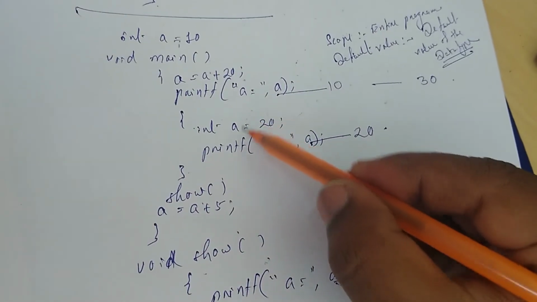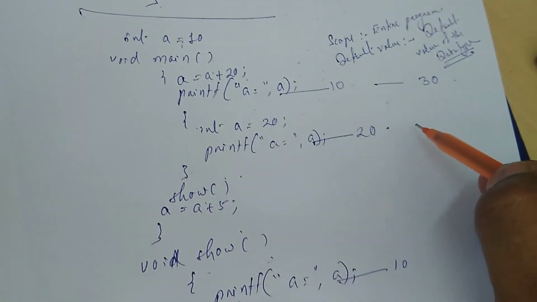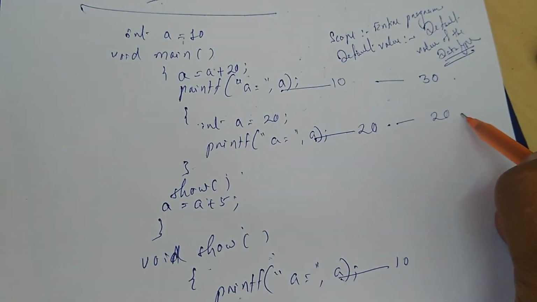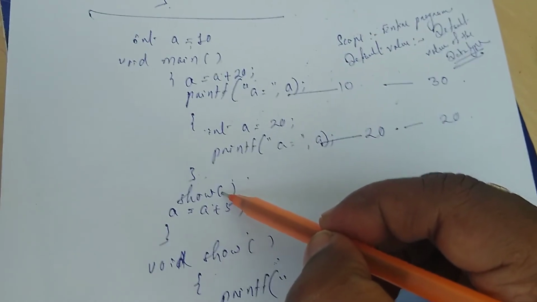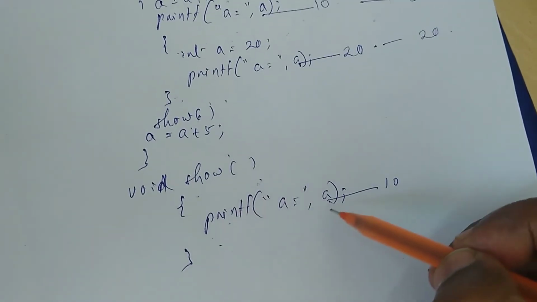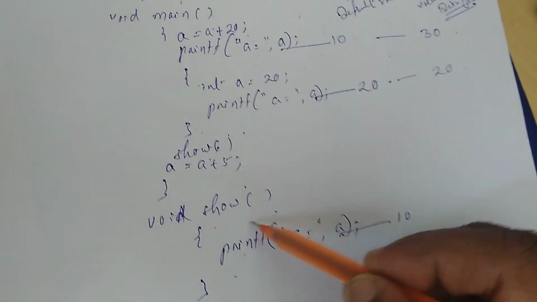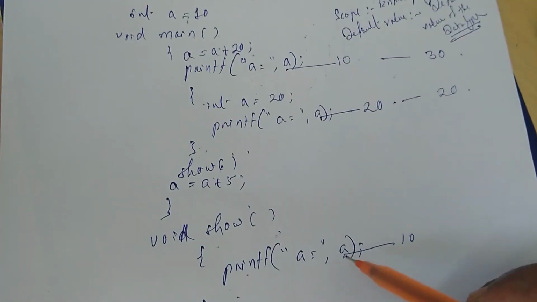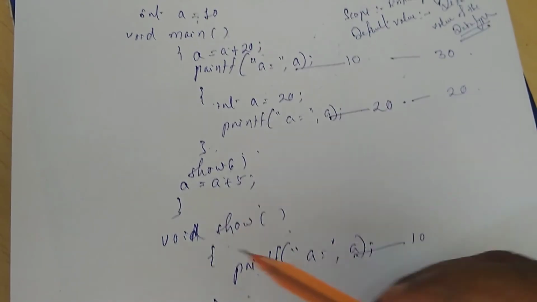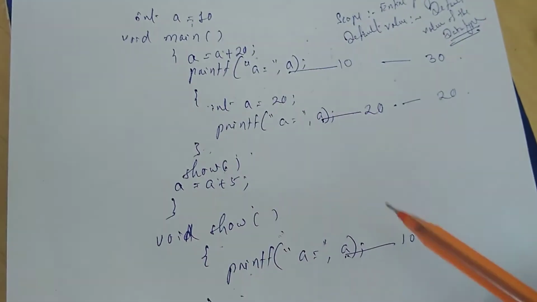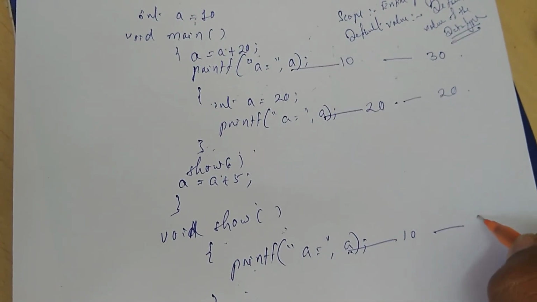So inside this block, as local variable a is present, the same 20 will be printed. But outside of this block, as show function is called, inside this show function, when you are printing the value of a and there is no local variable of name a, it searches for the global variable. Yes, there is a global variable a, and when it prints the global variable value, it prints the modified value.